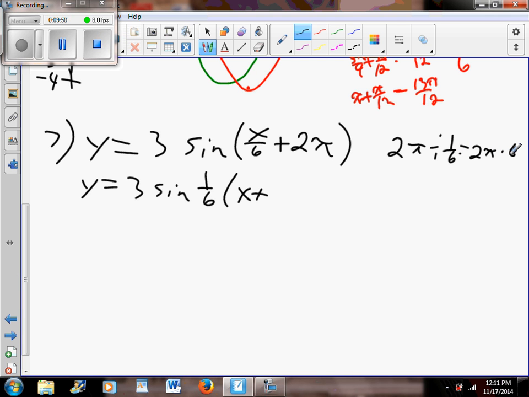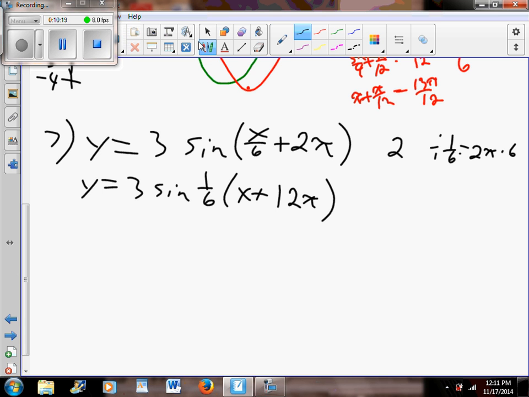So what do we got here? 12 pi, isn't it? Right. Then 2 pi divided by 1/6 equals 2 pi times 6.